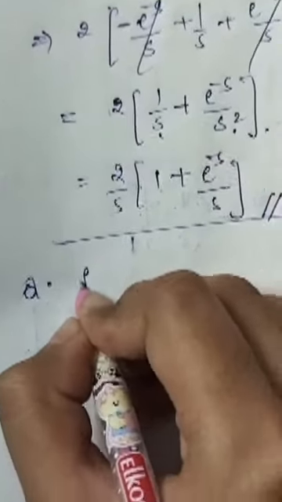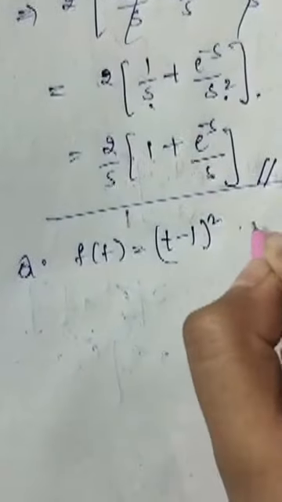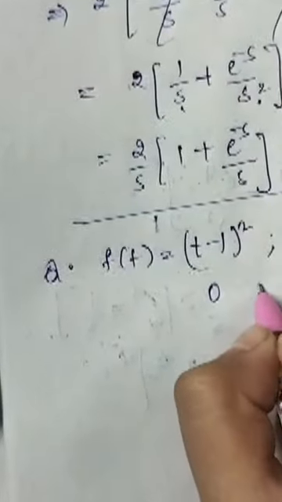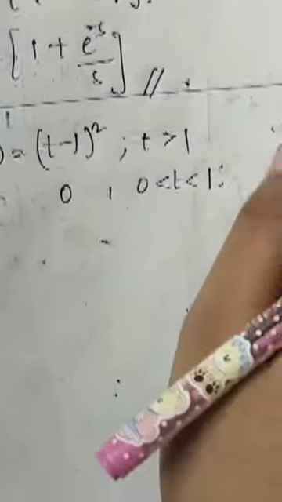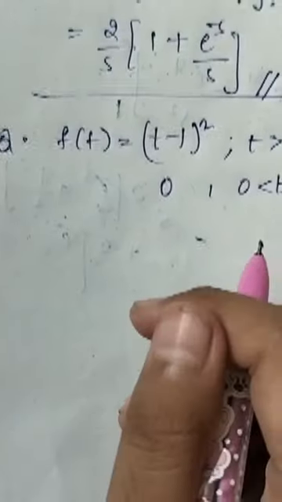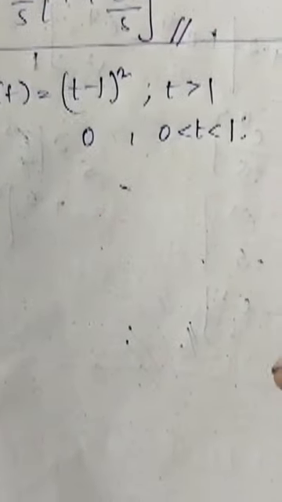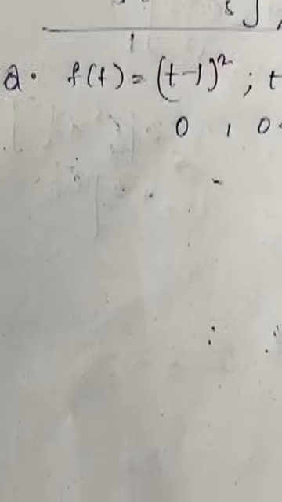Now coming to the next problem, f of t is equal to t minus 1 whole square for t greater than 1, and 0 for 0 less than t less than 1. So this is the question given. In the previous question there was a one line condition, based on which we had defined f of t, right?